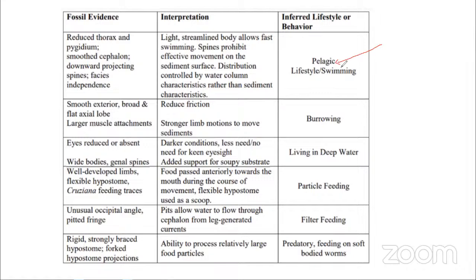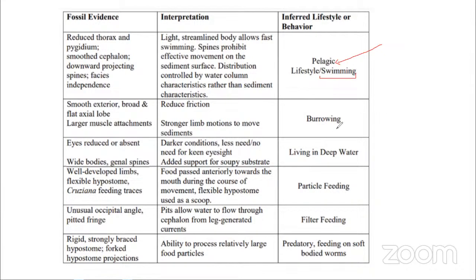When we see the word benthic, we're thinking about living on the sand on the bottom of the ocean or somewhere along the shelf. When we see the word pelagic, we're thinking about something actively living in the water. So that's why it says pelagic lifestyle, swimming, right? So we had trilobites that just swam around in the water, not living on the ground, kind of like a fish.